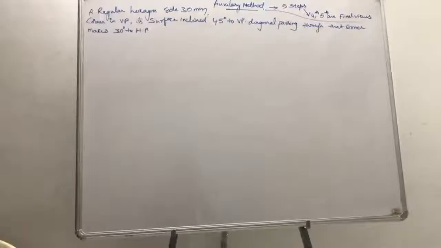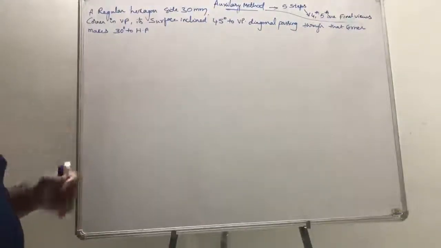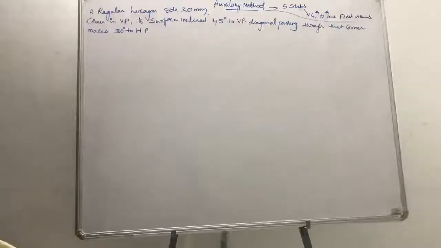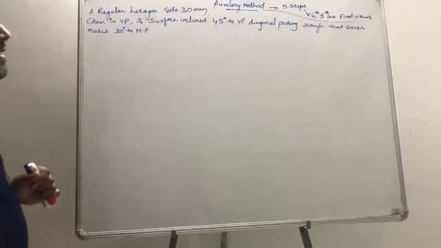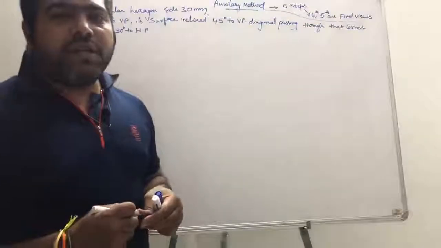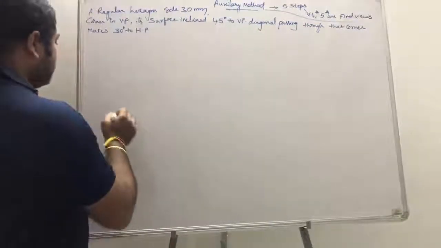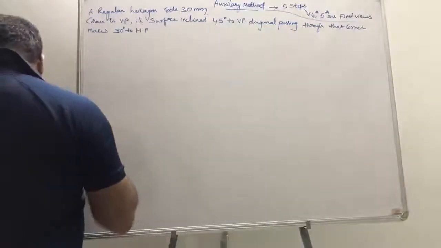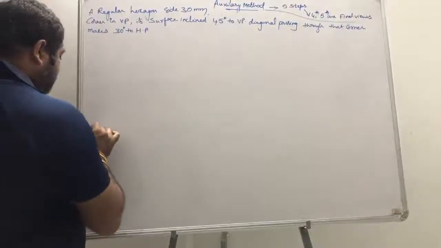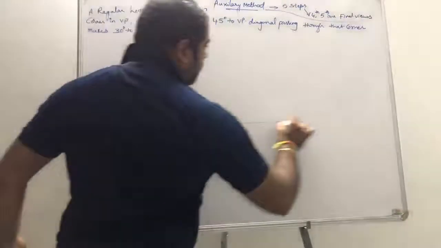Okay, students. Now let us see how we can do this problem. This is a regular hexagon of side 30 mm. Corner in VP means its surface is inclined 45 degrees to VP. What is the basic concept for simple position? The simple position concept is going to be the same.